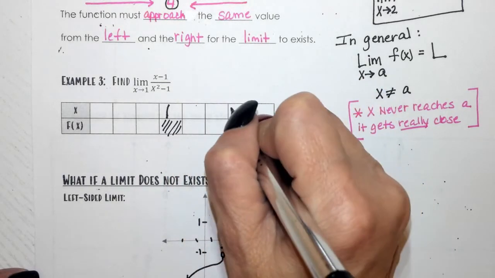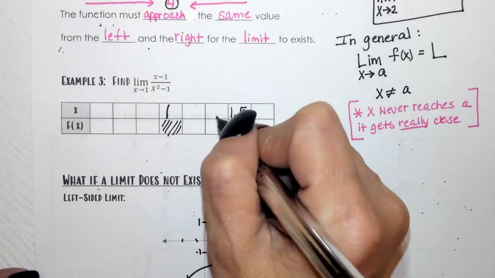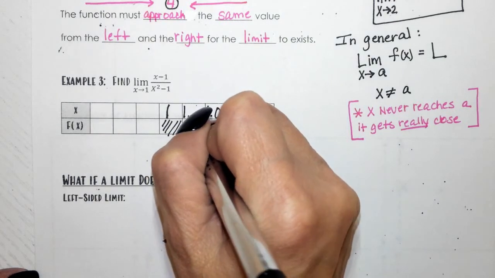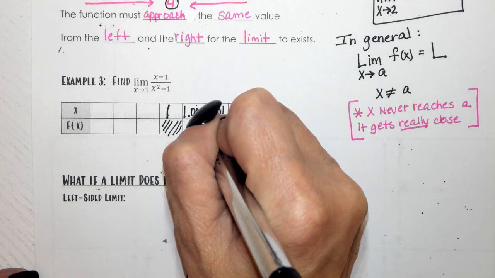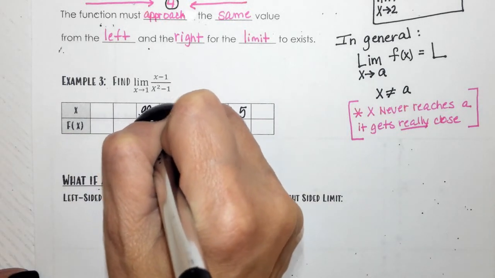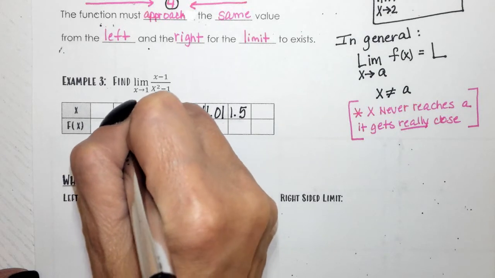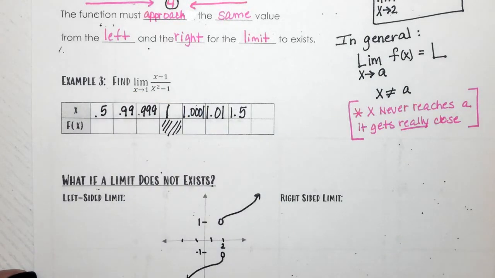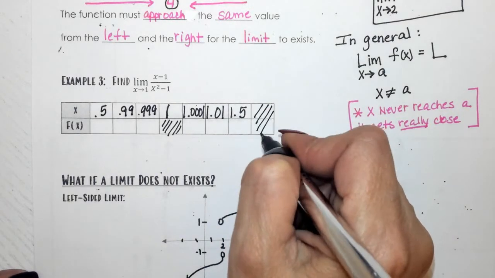So just so that we all have the same numbers, we're going to put these in. I'm going to put in 1.5, and then 1.01, and then 1.001. And then I'm going to put in 0.999, 0.99, and then 0.5. Okay, and I'm not going to use that last one.